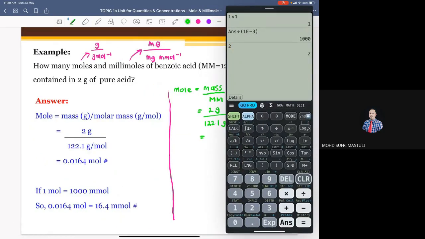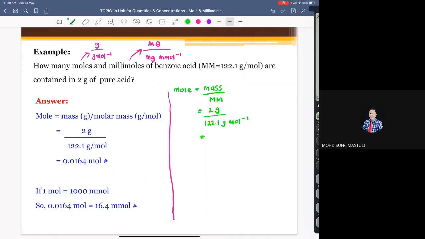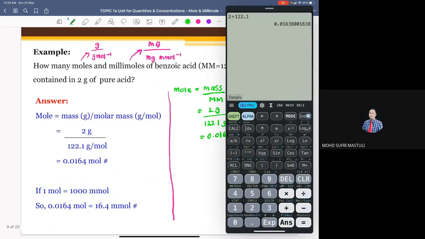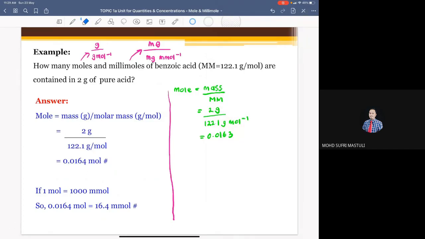2 divided by 122.1. So you can obtain 0.0164 mole. Okay, so it is asking you about millimole.